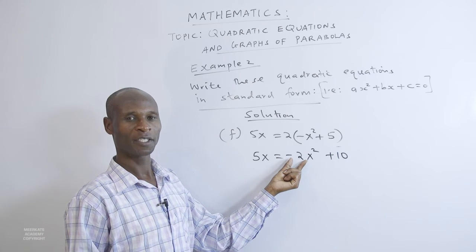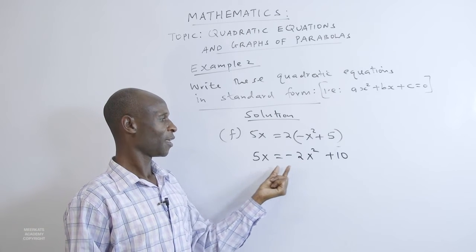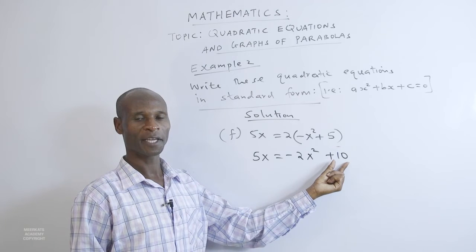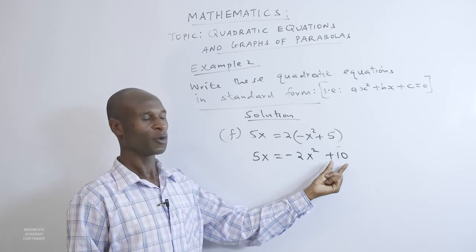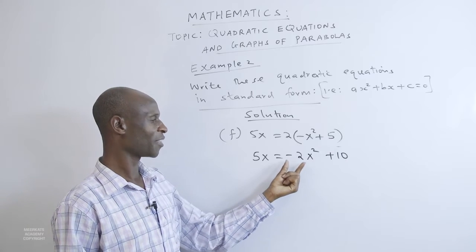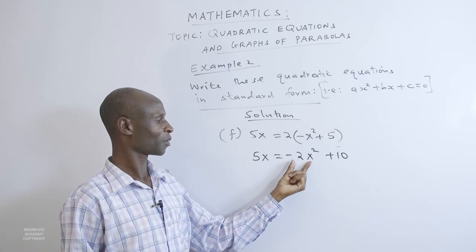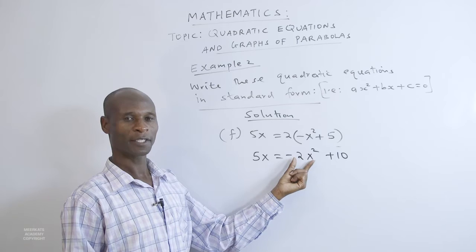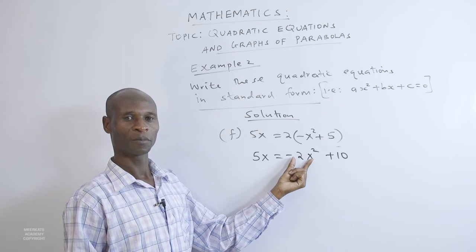We need to collect it to the left-hand side. The linear term, which is 10, is on the right-hand side. We need to collect it to the left-hand side. So let us start by the quadratic term. How do we collect the quadratic term to the left-hand side?